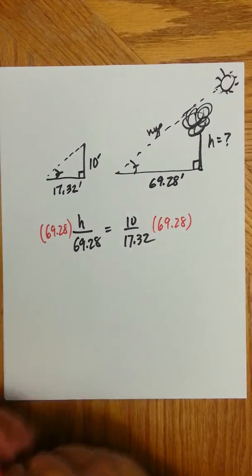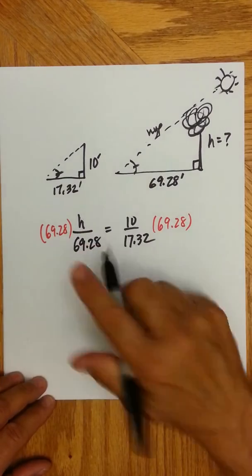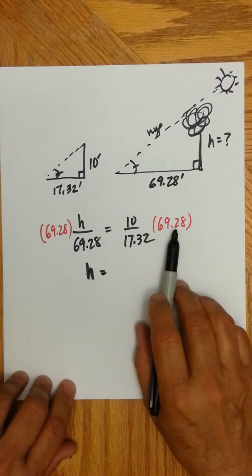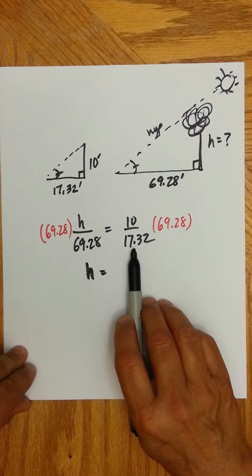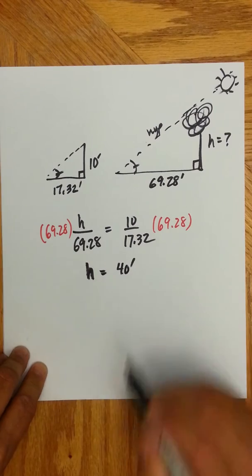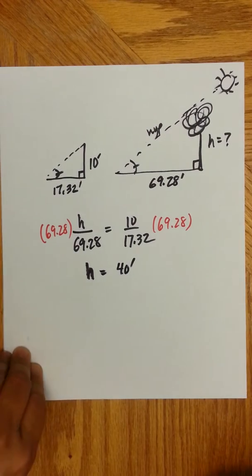Right? And so these cancel out, and I'm left with H equals 10 times 69.28 divided by 17.32, and you'll get 40 feet. Okay, so that's sort of a classic example.